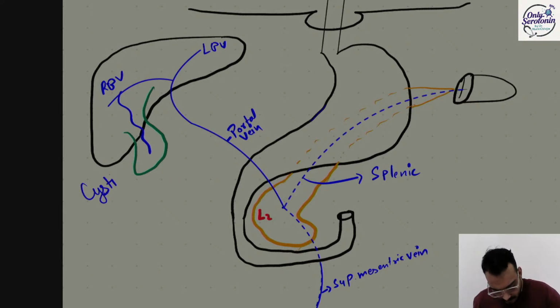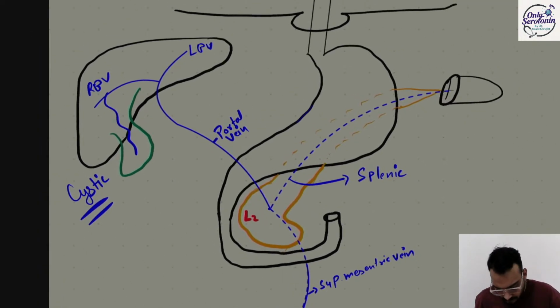Same like your arteries, right? Now, the portal vein is also connected with the upper part of the lesser curvature. This is known as the left gastric vein, and it will give one more vein from the lower part, that is the right gastric vein.